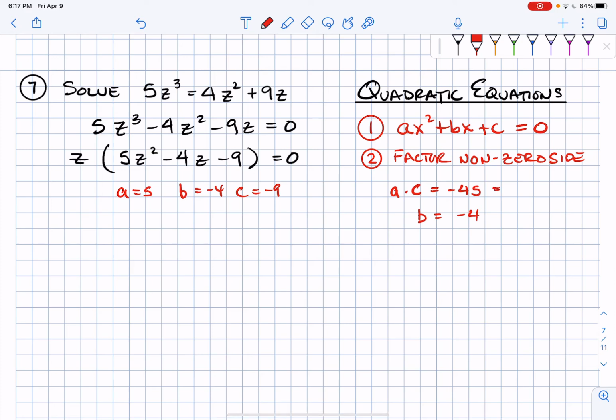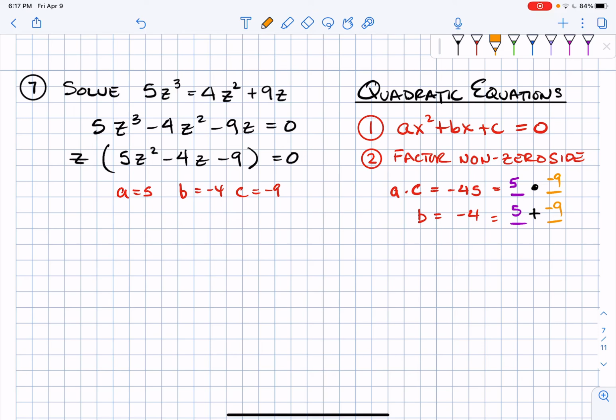Here I have to find my two numbers that multiply together to give me negative 45, but added together give me negative 4. So I'm going to purposely choose 5 and negative 9.